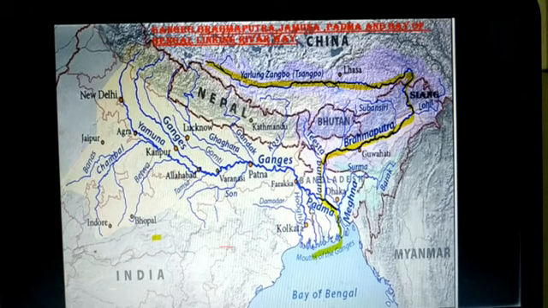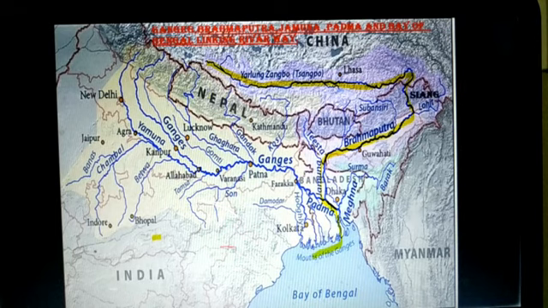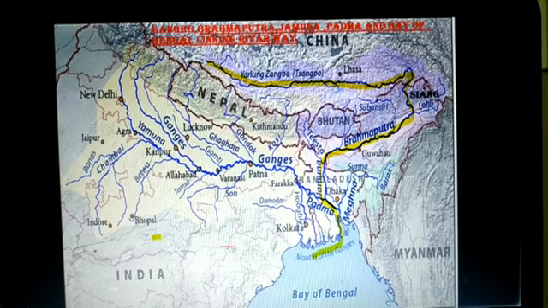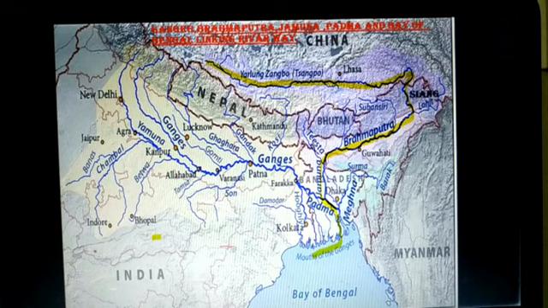Not only that, there are so many problems of nature. On one side, seismic pressure is here, always earthquakes are here, the landmass is very, very soft, a very new mountain system.